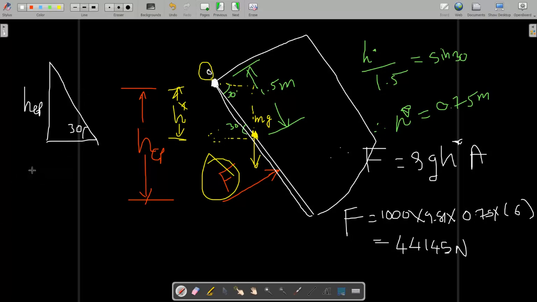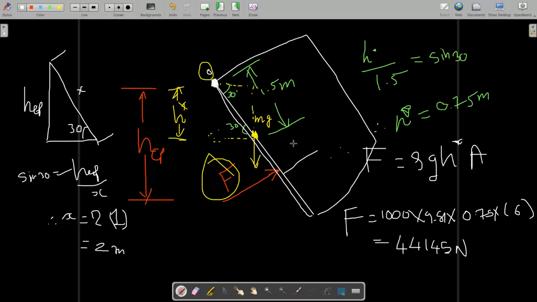That is sine 30 is equal to HCP by this length, I'm taking as x. So x is equal to 2 times HCP. HCP is what we have found, 1 meter, so it is 2 meter. This distance is 2 meter.